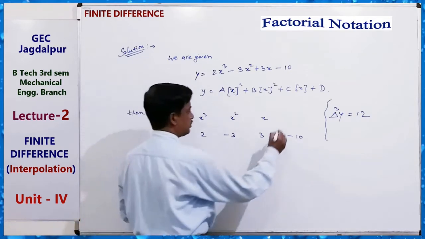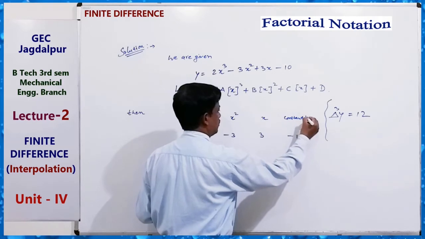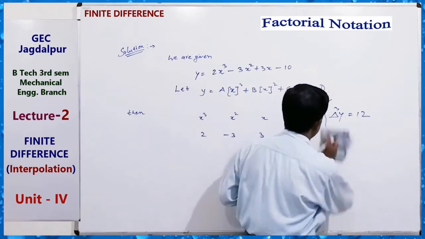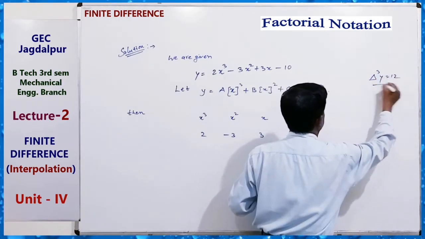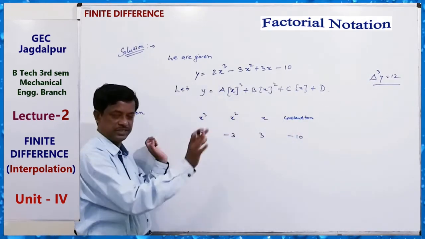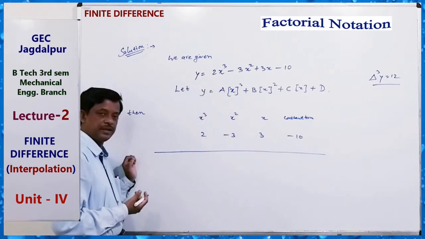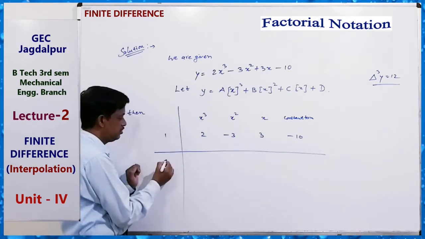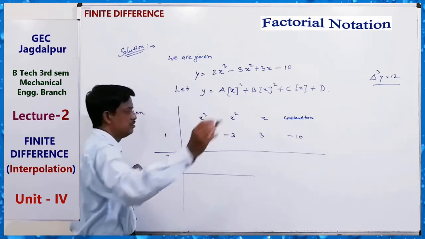Finally we have to prove this part of the question. So write the coefficients and draw a line here. Now we have to divide by 1, 1, 2, 3 and so on.